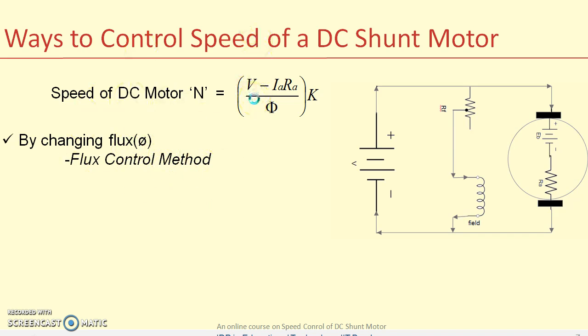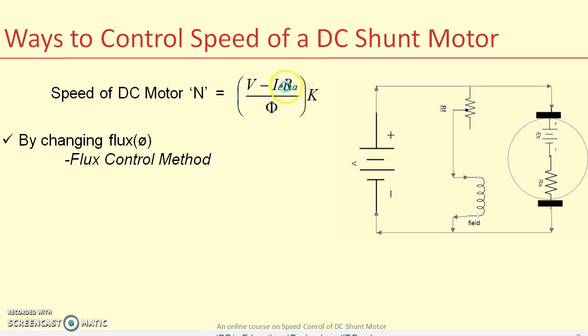What is the other way to control the speed? You can control the armature circuit drop. We cannot change the armature resistance RA, but we can introduce an external resistance in series with RA so that the armature circuit resistance can be increased.